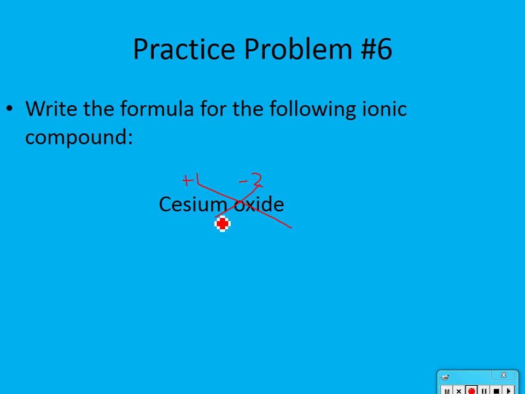Remember, don't bring the signs, just the numbers. Now cesium, what's its symbol? Cs. What number do I write here? A 2. Oxide is oxygen, so what number do I write there? I don't. Can I reduce a 2 and a 1? No, so that is the formula for cesium oxide.